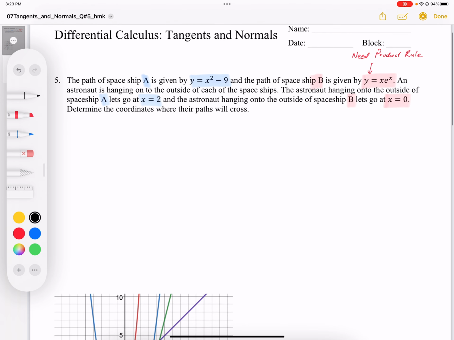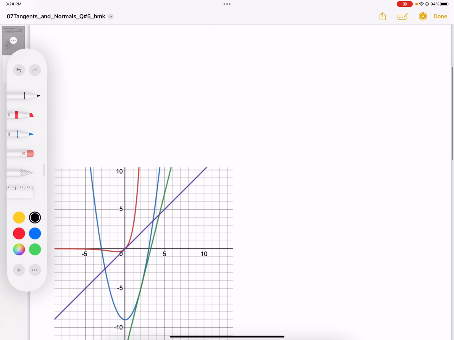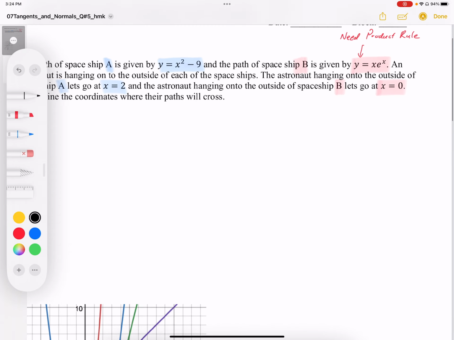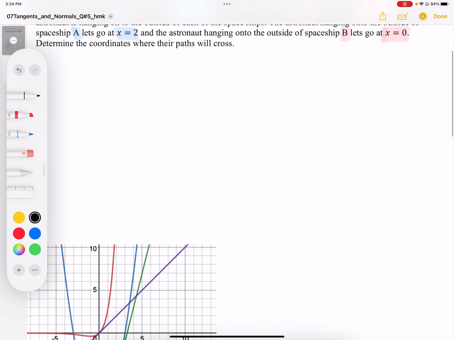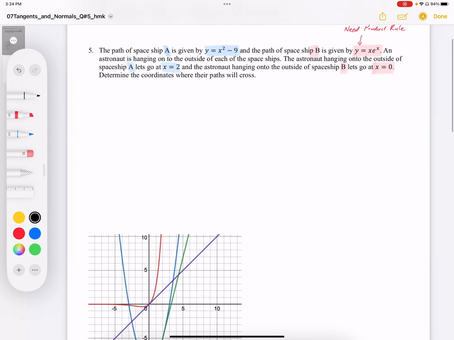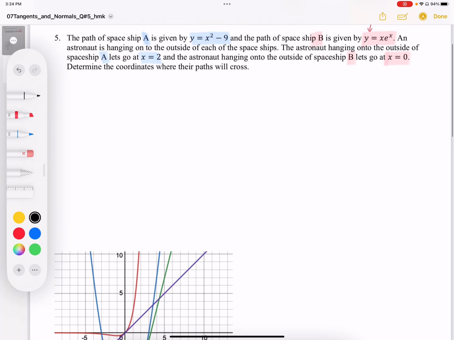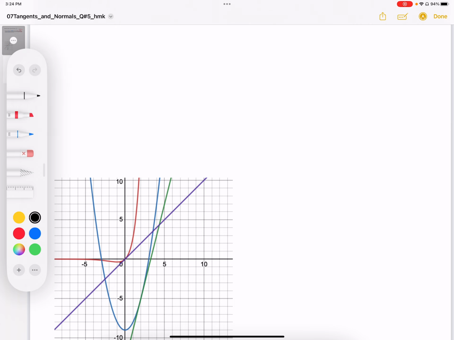And this problem involves a spaceship traveling in the path of the parabola, x squared minus 9, in blue, and then also in the path of this exponential function, e to the x, which I've shown in red. So that red represents a path. And it says that spaceship A in blue lets go at x equals 2.